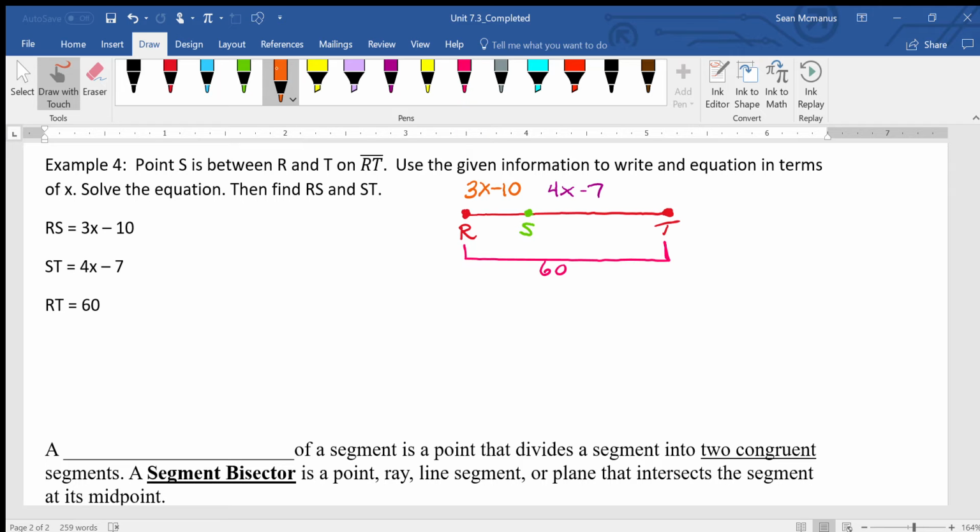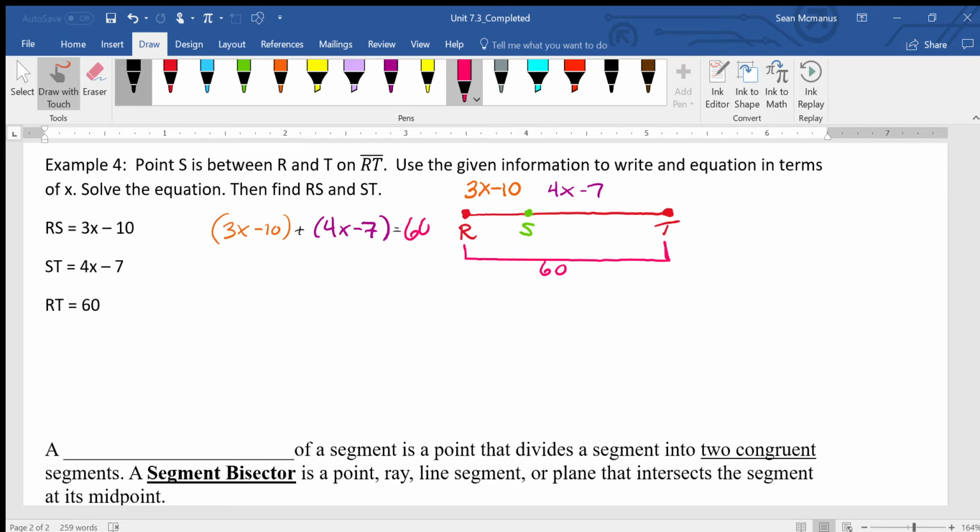So (3x minus 10) plus (4x minus 7). I'm going to use my parentheses just because it helps me, and with the colors, helps me really see what's going on. So I add those two segments together, and they are equal to 60.